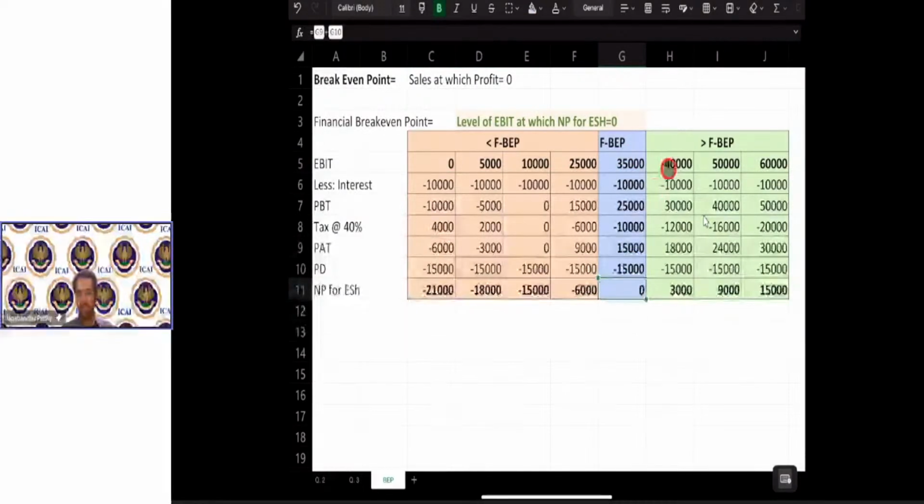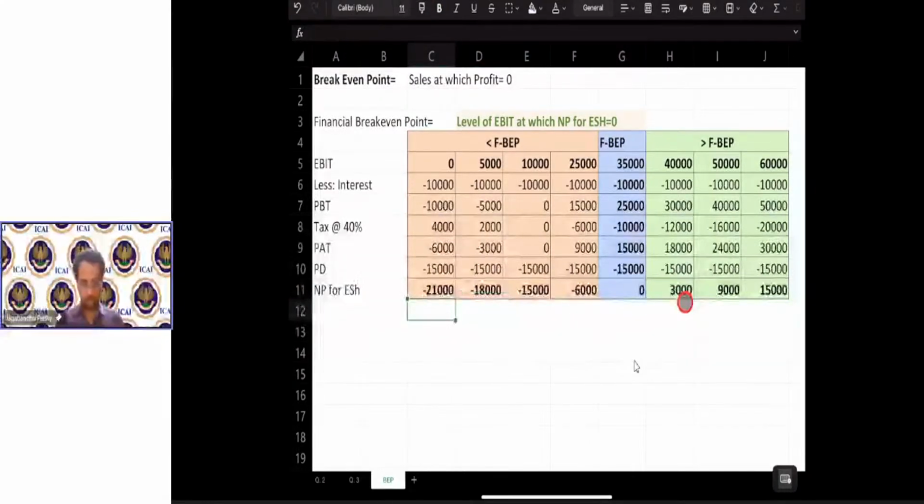After that, what you observe is it is in a positive zone. So if your EBIT is less than the financial break-even point, then net profit for equity shareholders is negative. And if it is above that, then your net profit for equity shareholders is positive, right?